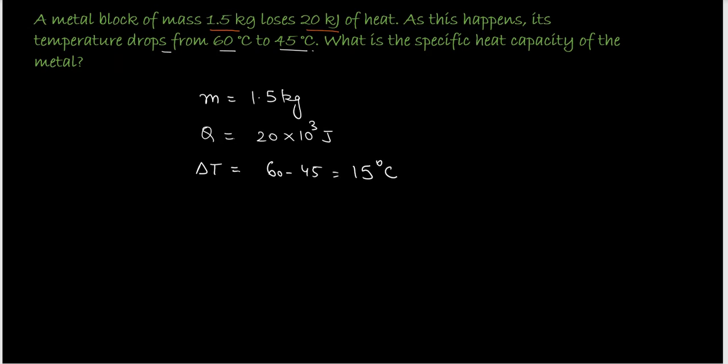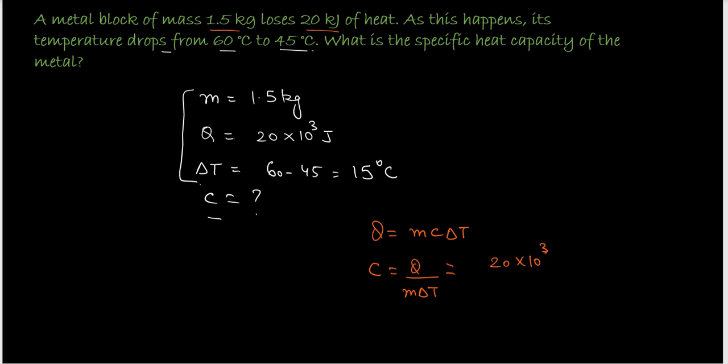And what is the specific heat capacity of the metal? All you have to do is write down the given parameters, what is to be calculated, and now we know the formula which relates all of them. That's Q is equal to mc delta T. Rearranging the terms, you get c is Q over m delta T. Q is 20 times 10 to the power 3 over m is 1.5 times delta T is 15 degrees Celsius.